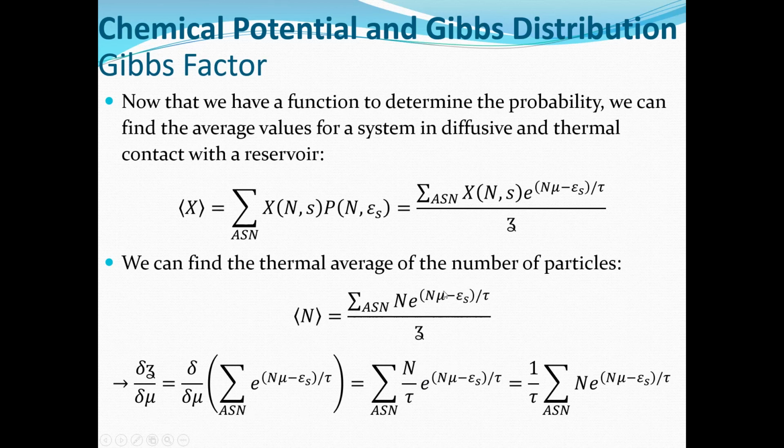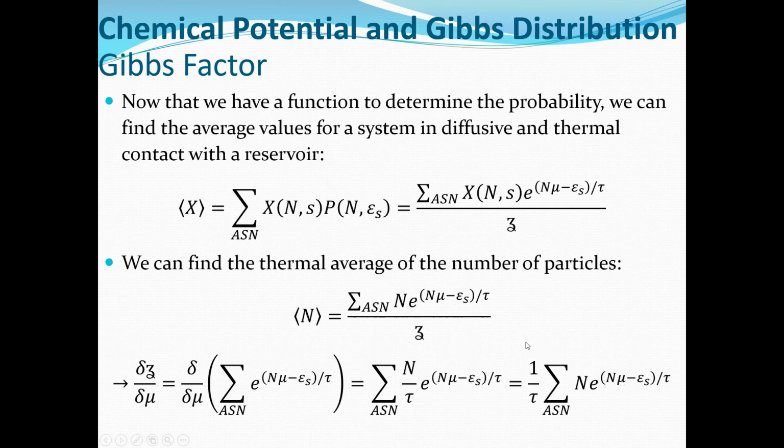The minus epsilon s drops out, so it would essentially just be n over tau times e to all this garbage. So if we pull out a 1 over tau, we can see right off the bat that we get whatever we had up here in the numerator.